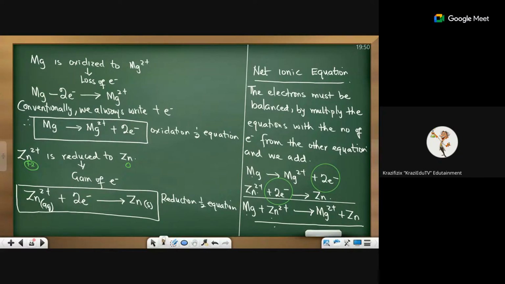Let's write this down. I want to look at one that is not balanced so we can balance it together. Quickly write this down. I'll do this example for you as well. There's no need to stress. Run through one quick example with you and show you how to balance.